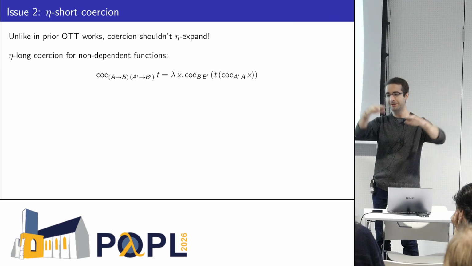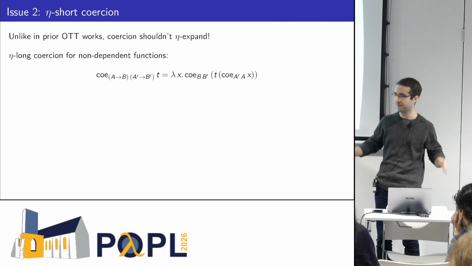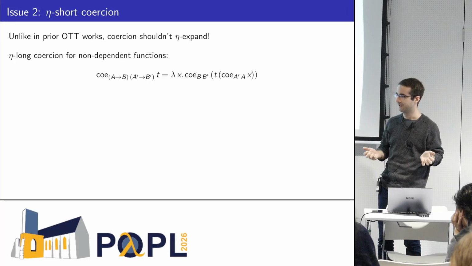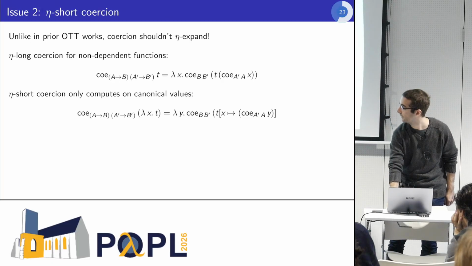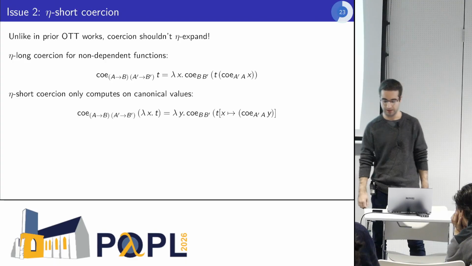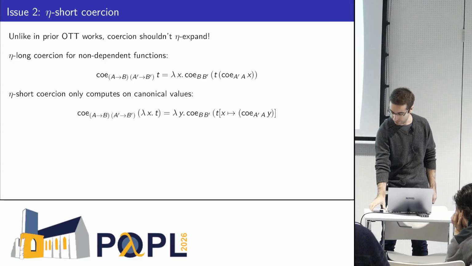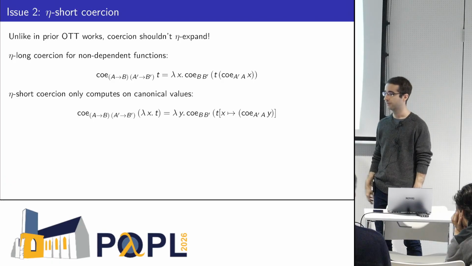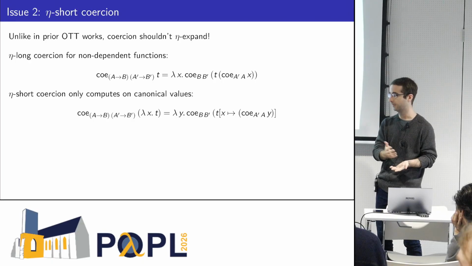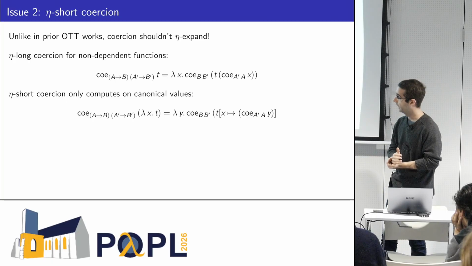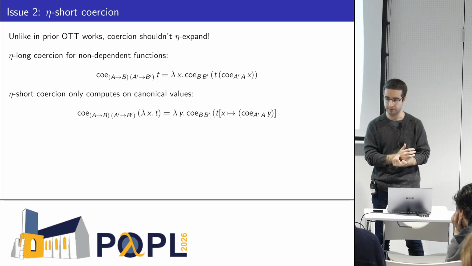But if you have a very large record and you use the same kind of eta long rule, you have basically coercion eta expands everything all the time, which is not very good. So what we want to do is to only compute on canonical values. So coercion at function type only computes on a lambda. Coercion at record type only computes on a record. And this is much more reasonable.